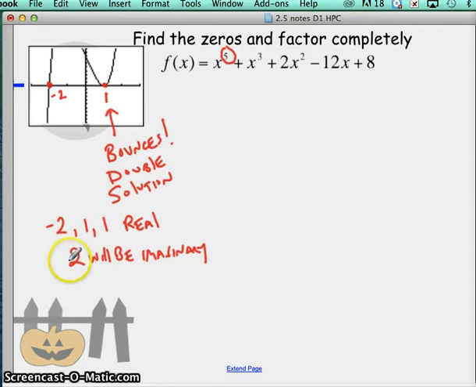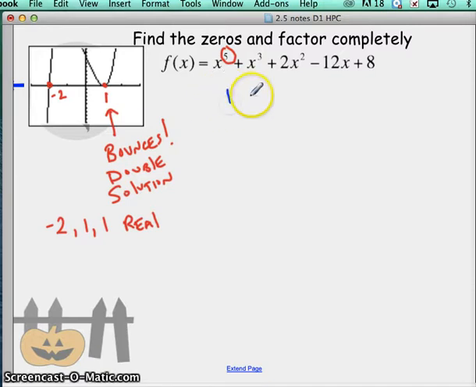I don't like the way I wrote that because that makes it look like 2 is a solution. So here's what I'm just trying to say. 3 of our solutions are real, so the other 2 are going to have to be imaginary for a total of 5. So here's what we're going to do. We're going to do synthetic division. We're going to break it down into a quadratic.